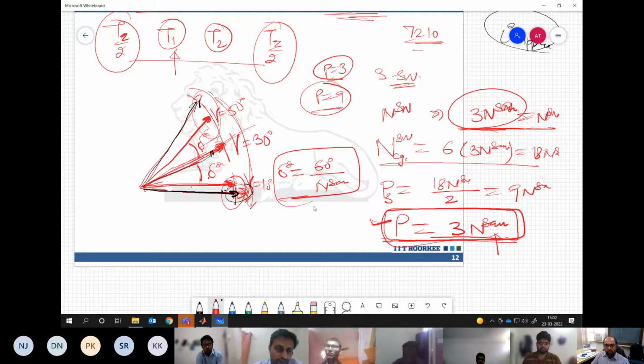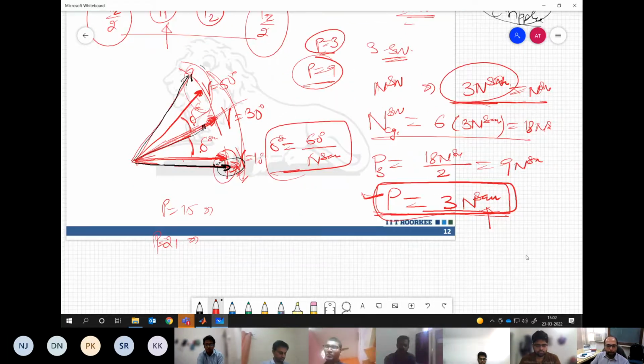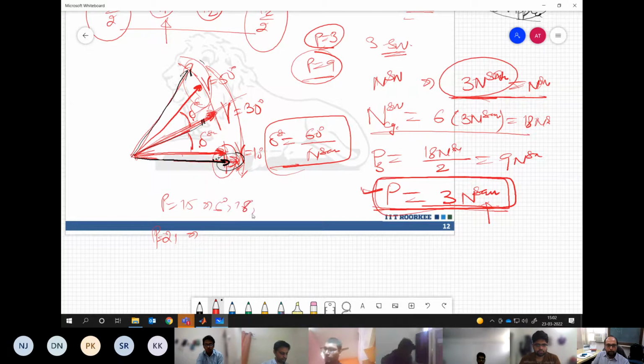Now I have asked you to solve the gamma values for pulse number 15 and 21, right? Can you quickly tell what are these numbers? Yes, sir. For 15, the angles are 6°, 18°, 30°, 42°, and 54°. Yes.